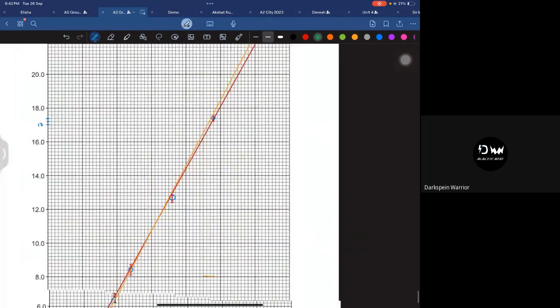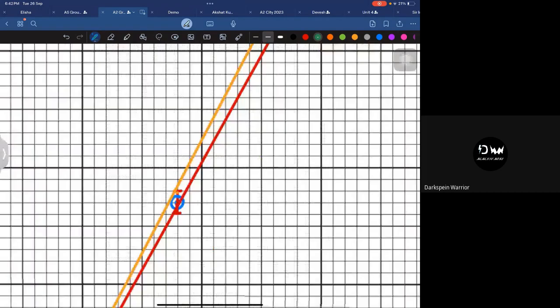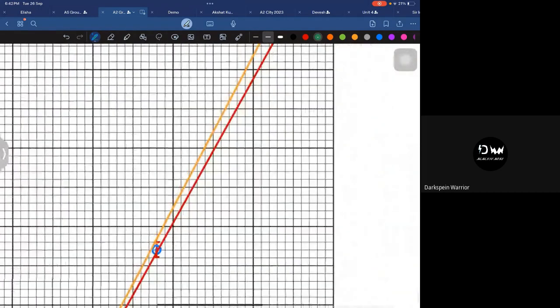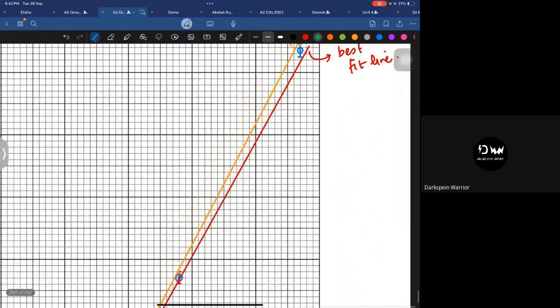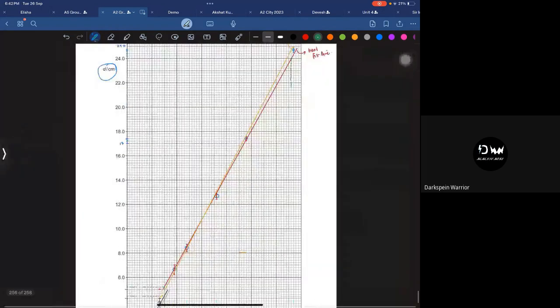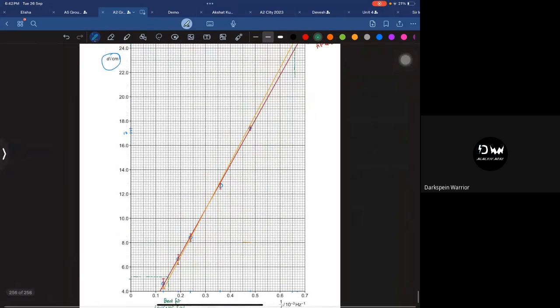Then take another point far away on the red line. Any point that you like. I think I like this one a lot. So I'm going to go down. So difficult to read.